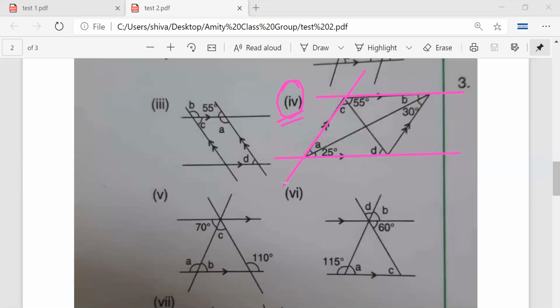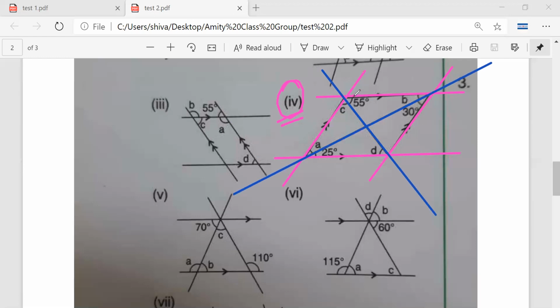Because this one is 55, it forms a Z, and then D will also be 55. Now it will be easier to see.